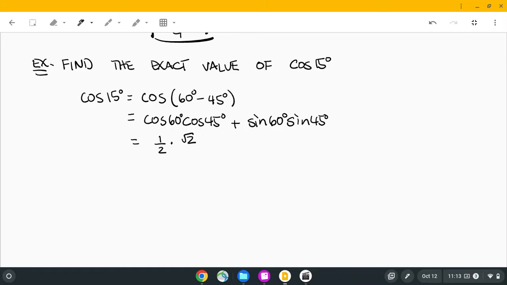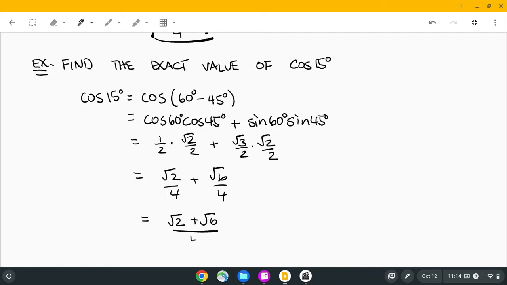Cosine 45 is square root 2 over 2. Sine 60 is square root 3 over 2. And sine 45 is square root 2 over 2. Okay, so we get square root 2 over 4 plus square root 6 over 4. And so we get square root 2 plus square root 6 all over 4.